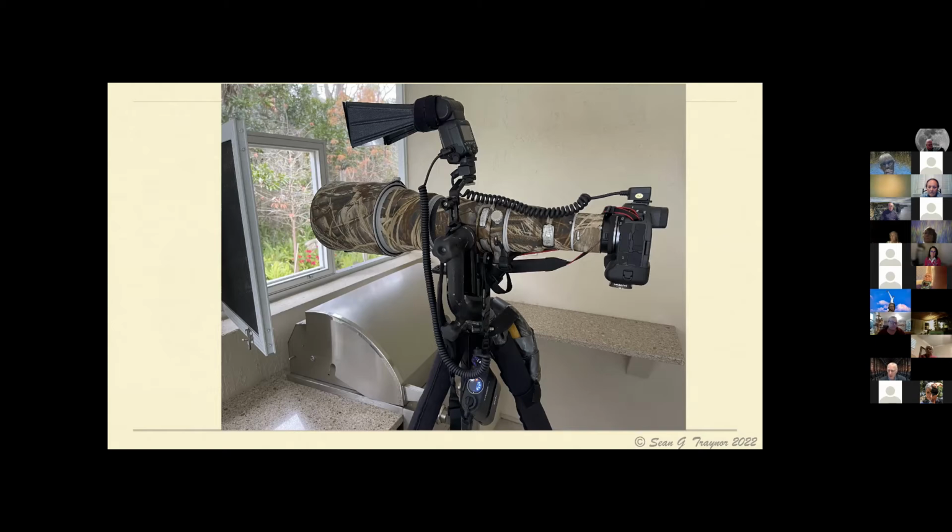And the reason for that is if you mount the flash on the camera, the flash can't see past that long hood. And in fact, you'll get a shadow of the light and won't get the subject illuminated. So the flash is mounted up high and forward.